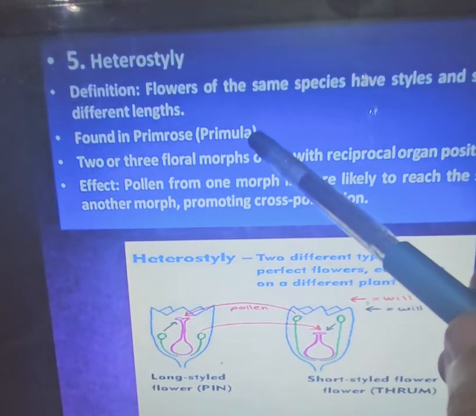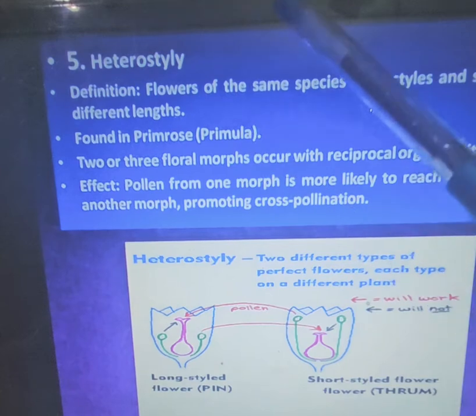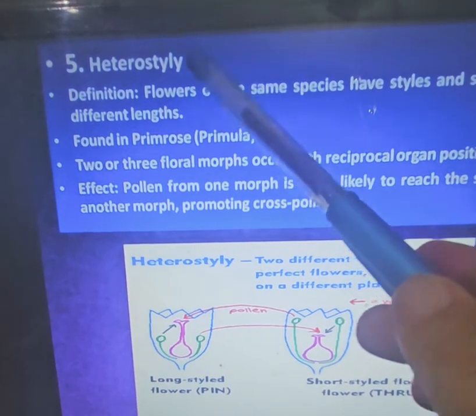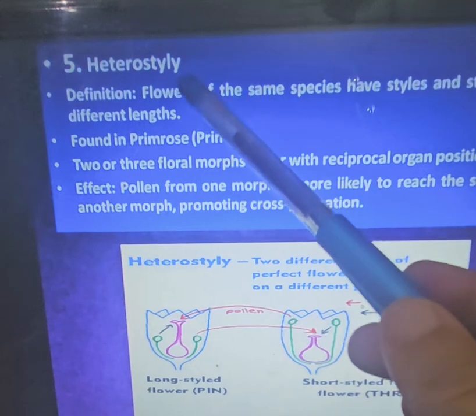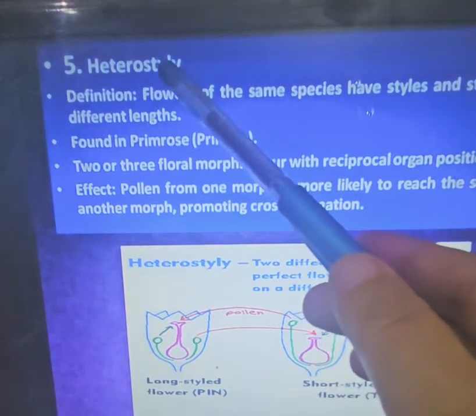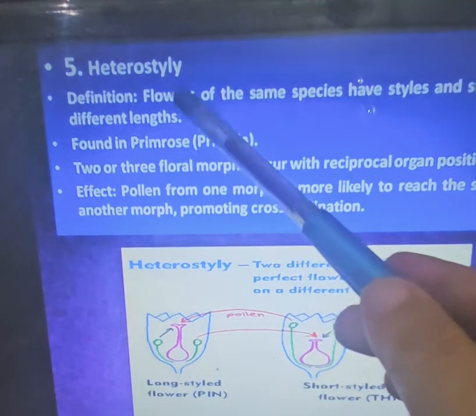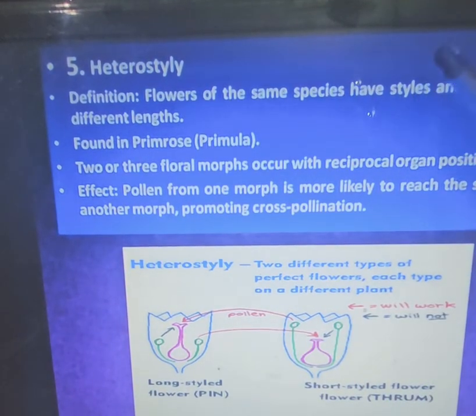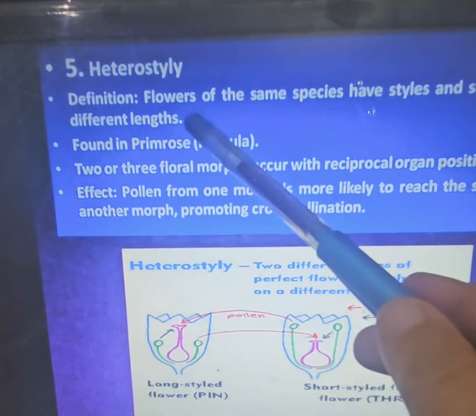Then the last one is heterostyly. Hetero means two, styly means style types. By heterostyly, we mean that we have styles that are of two types. What is heterostyly? Flowers of the same species have styles and stamens of different lengths.